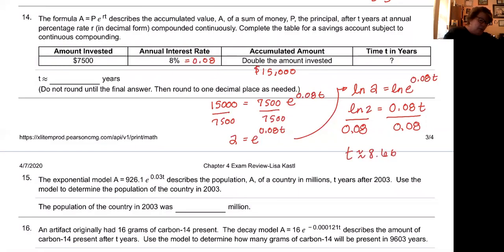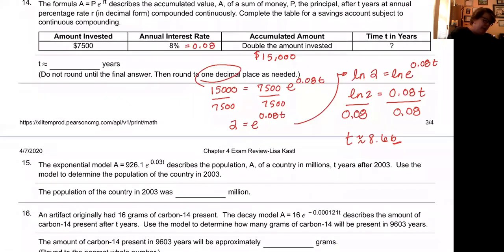They tell me to round to 1 decimal place, so I look at the decimal to the right of the one I'm rounding off. If that's 5 or greater, I round up. So I'd round this up to 8.7.